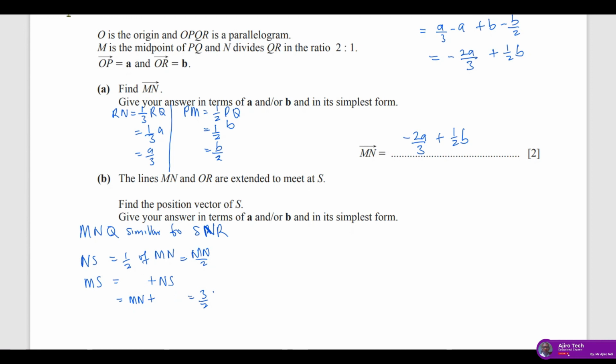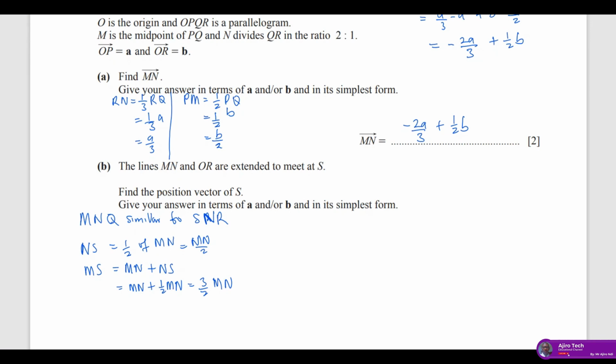Let me write that again. MN plus half MN. So what is MN? MN is given as that.